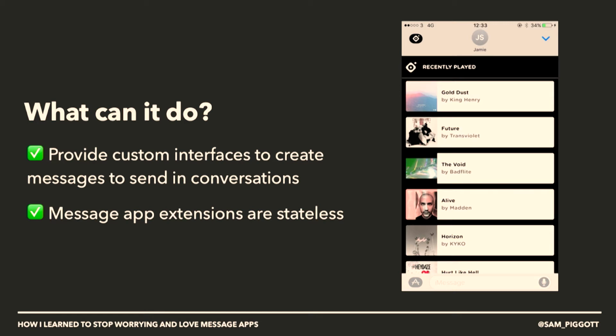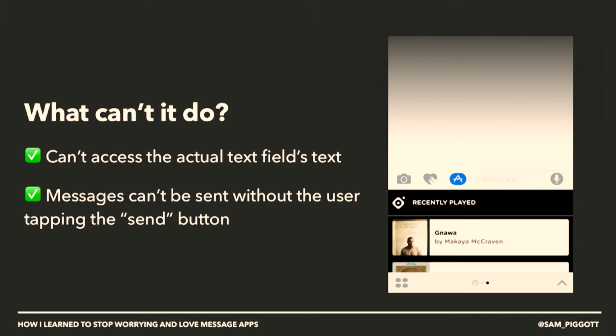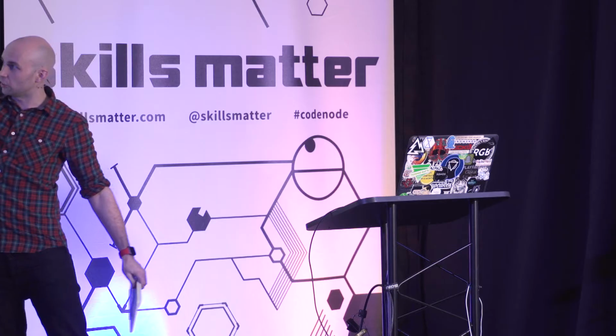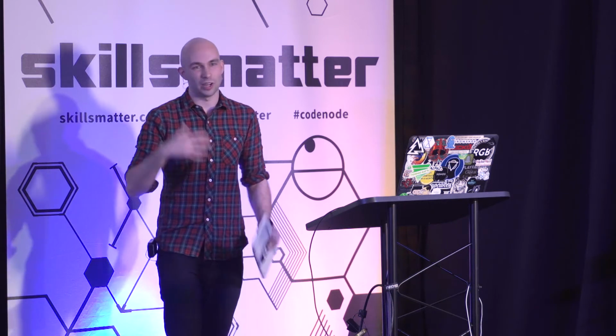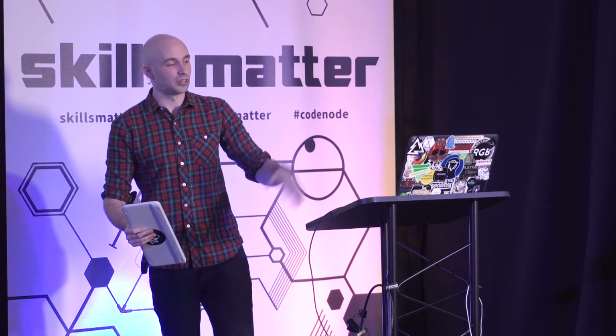A better way of explaining what the iMessage message extensions can't do is you can't actually reach into this field and grab the text directly from it, which was something I hoped you could do. So, building a translation app or something like that, where you could fill that field up and then translate it, and everything would get sorted for you.